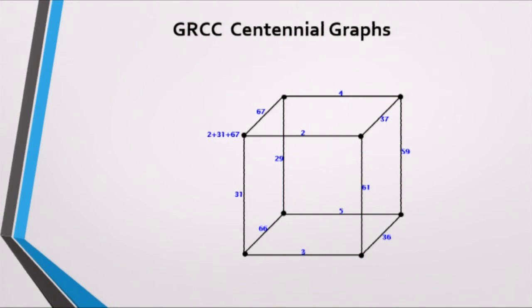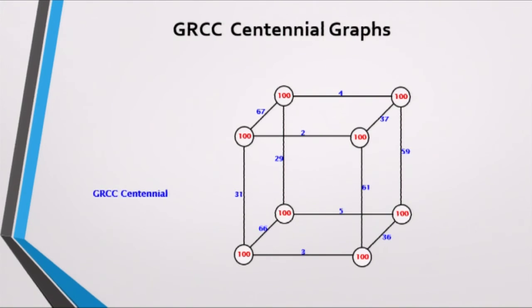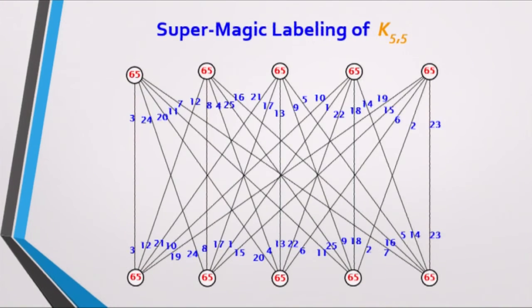If you notice, there are 3 composite numbers, and the rest of them are prime numbers on this one. Composite, composite, composite, and the rest of them are prime. So the cube graph is also a GRCC Centennial graph.